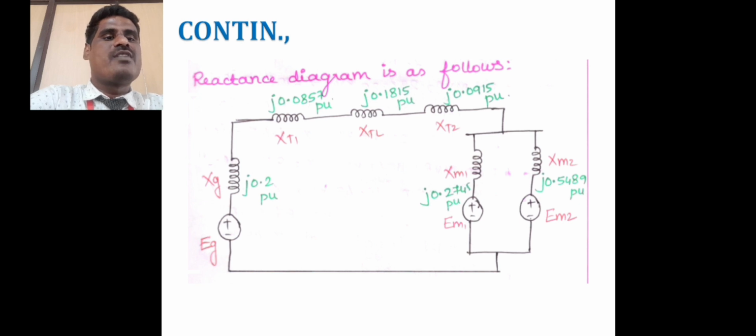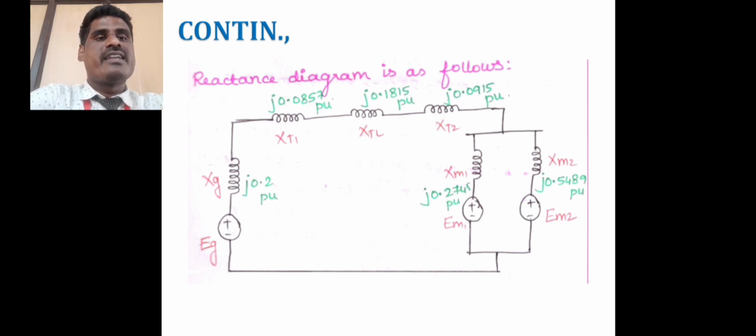After transformer 2, two different synchronous motors are connected, machine 1 and machine 2, that means motor 1 and motor 2. The motor 1 value is j0.2745 per unit and the motor 2 value is j0.5489 per unit.